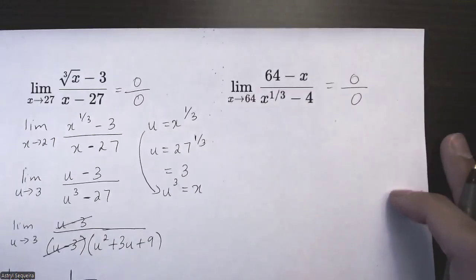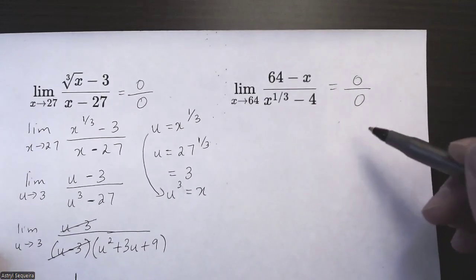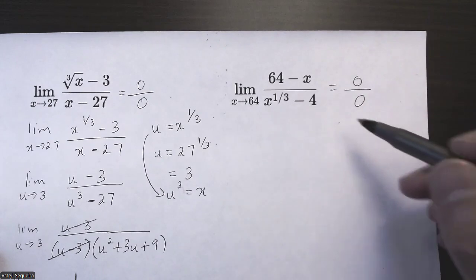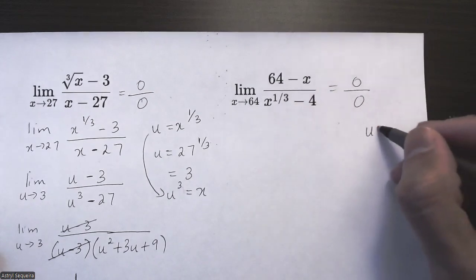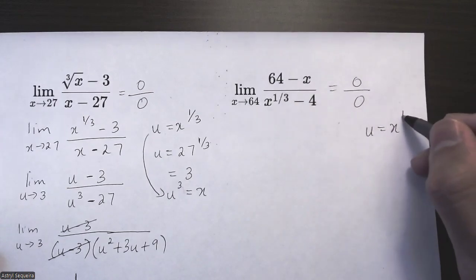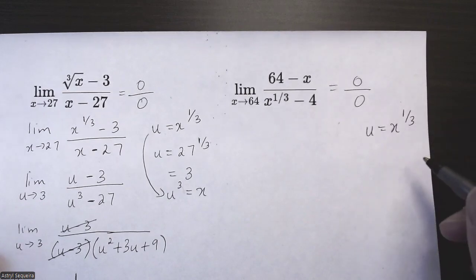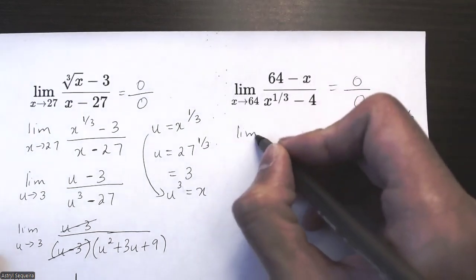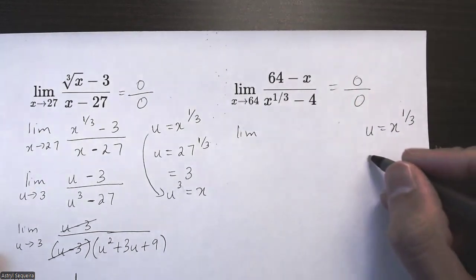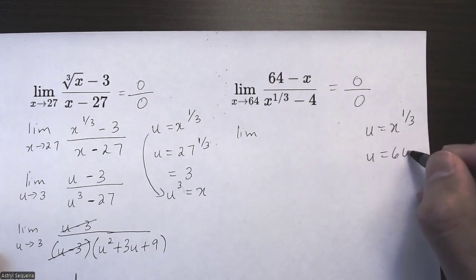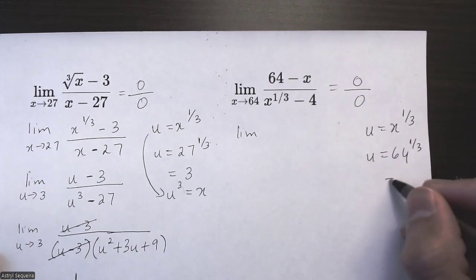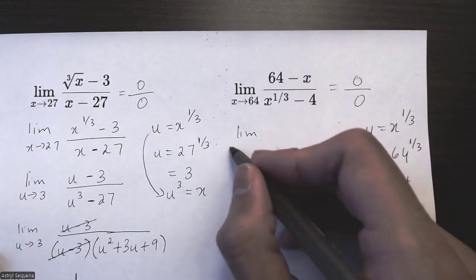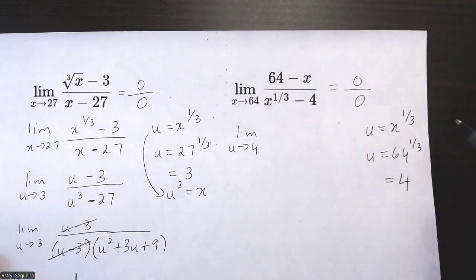Okay, let's do the next 2 questions just for practice. They're pretty similar, just slightly different difficulty. Again, over here, first step is u equals x to the power of 1 over 3. And then let's do our substitution here. I know I'm going to have to replace x with 64 to calculate my limit for u. So that's just 4. So the limit is u approaches 4.